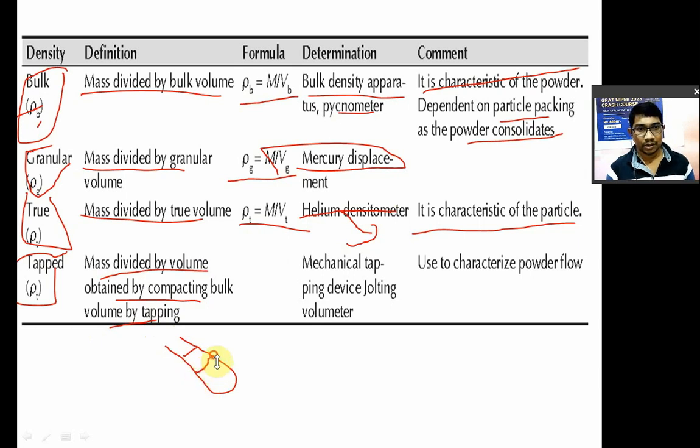That density is known as the tap density. It is determined by a mechanical tapping device, or simply by using your cylinder, used to characterize the powder.